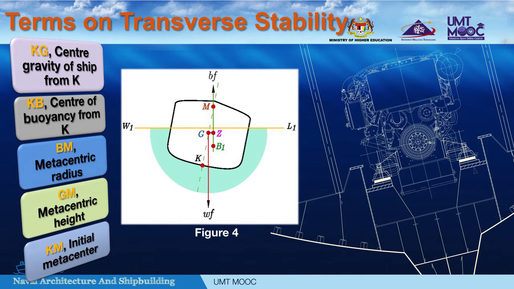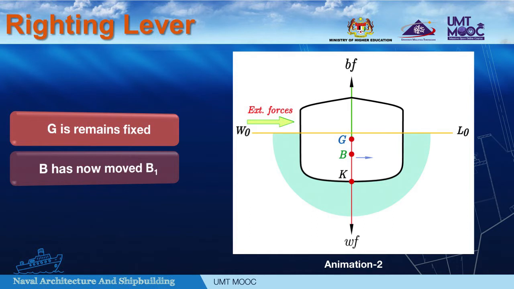Dear all students, in this slide, to know the meaning of the righting lever term, let me explain to you with respect to animation 2. As seen, in the presence of an external force, a ship is held to a side. This causes her equilibrium condition to change.